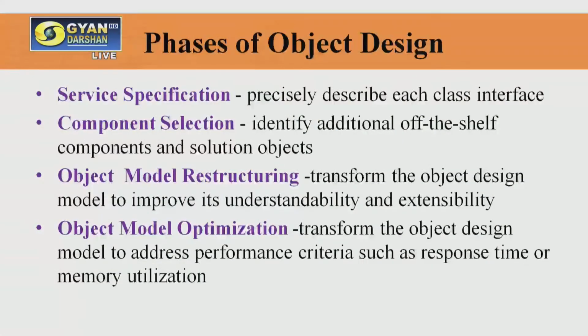Then very quickly, if we try to see the phases of object design, we have to do service specification, then component selection, then object model restructuring, and then object model optimization. These things we have to do while designing the objects.